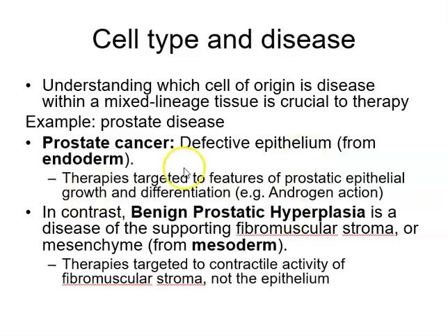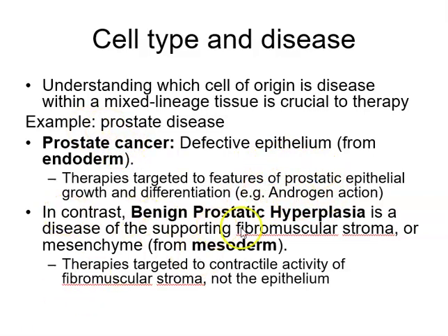And therapies aimed at this prostate cancer disease are aimed at the prostate epithelial cell growth and differentiation, which is androgen or testosterone driven. So we use an anti-androgen to treat this disease.